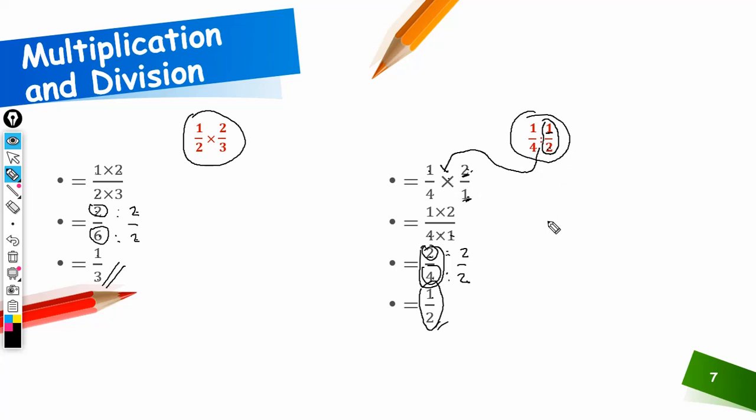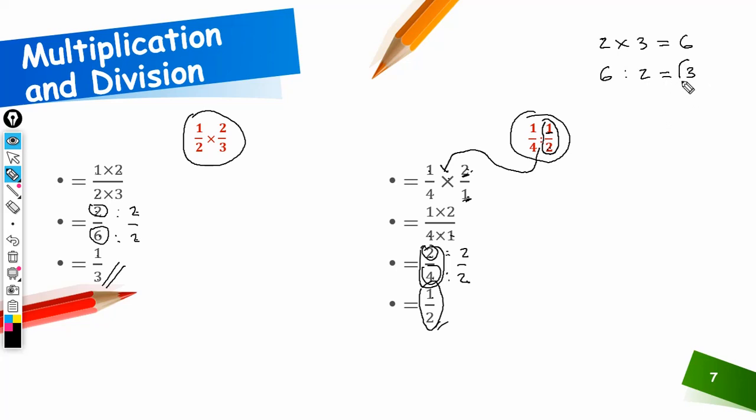So let me explain to you. In normal or whole numbers, let's say 2 kali 3 equals 6, right? Ini perkalian is quite easy, so you just multiply them. But in division, let's say 6 over 2 is 3, right?